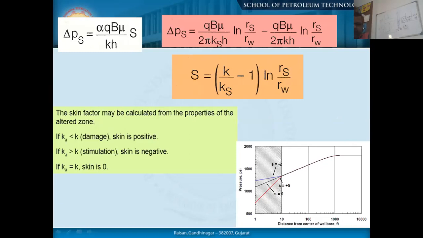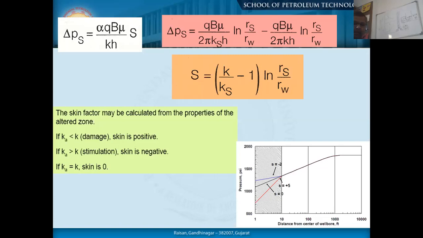Right from the external boundary to the wellbore boundary, if I come down, the slope of the pressure graph is more or less the same up to the marked portion. Then we have three lines. One is your red line, one is the same black line continued, and another is the blue line. If the pressure is not changing at all and it's continuing, what is the meaning of it? You don't have any skin, isn't it?